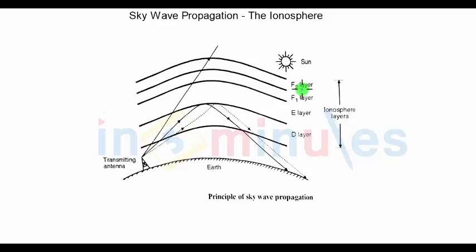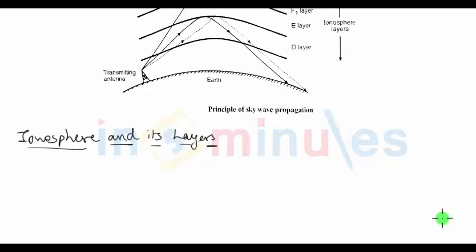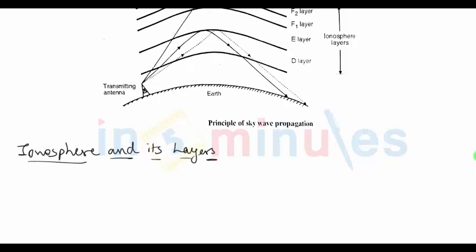So now let's discuss what this ionosphere and its layers are, because the knowledge of the ionosphere and its layers will also help us to understand skywave propagation to a great extent. The ultraviolet radiation from the sun will ionize the upper layer of the atmosphere. Due to ionization, this part of the atmosphere becomes electrically charged.